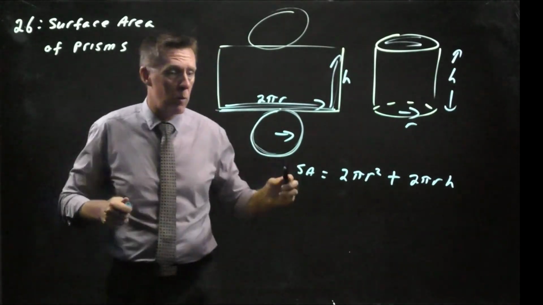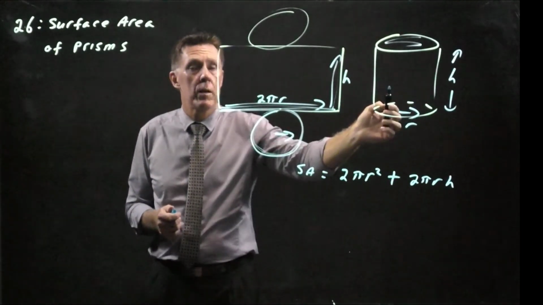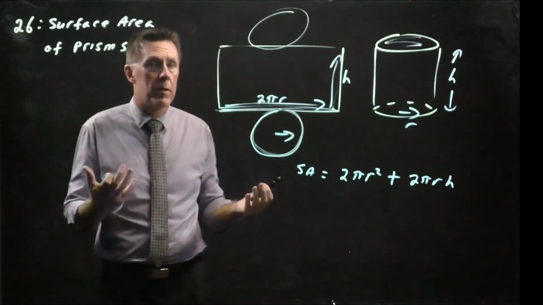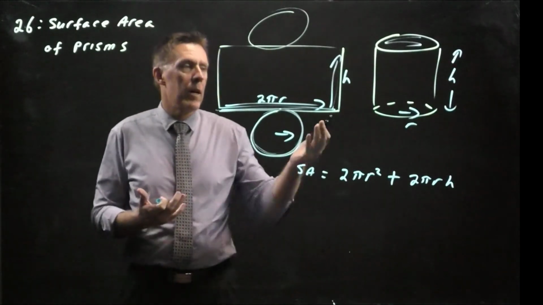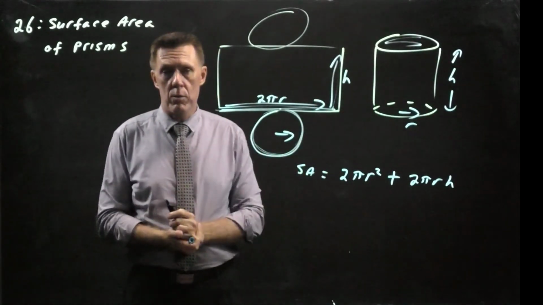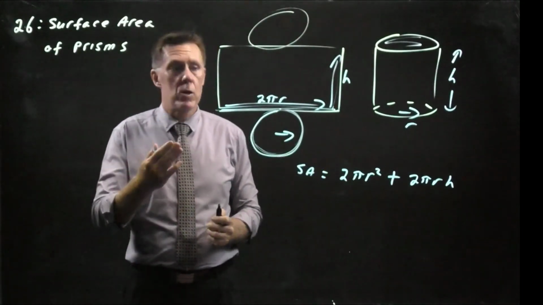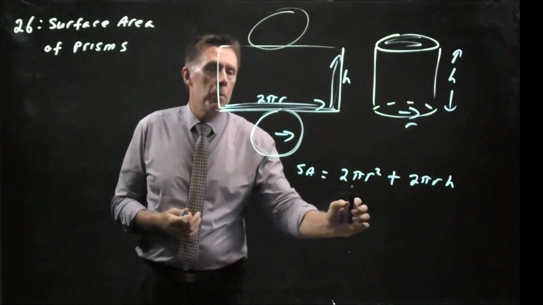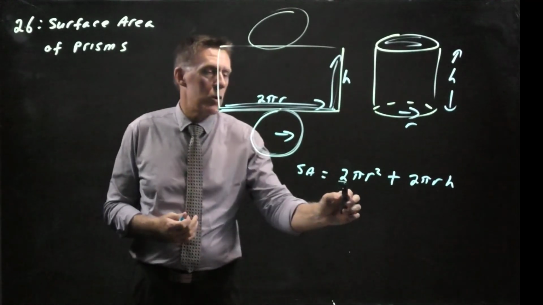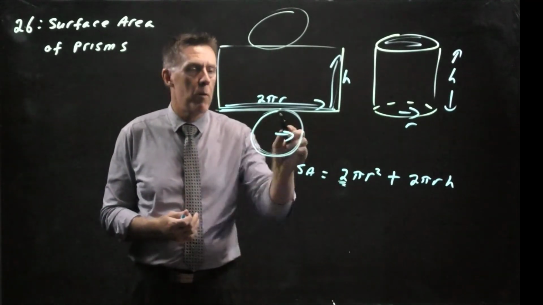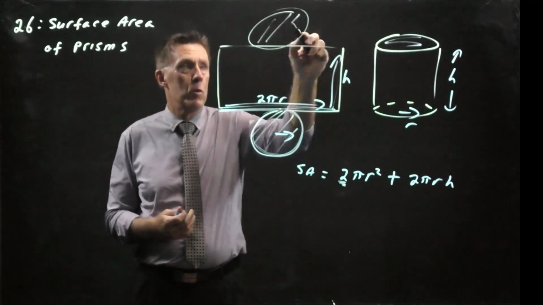For example, you might get a question where this might be a water tank, and you're asked to paint the outside of the tank. It's sitting on the ground, so you don't need to paint the circle that's on the ground. In that circumstance, you would have to modify this formula, because the 2 pi r squared is the area of both the circles.